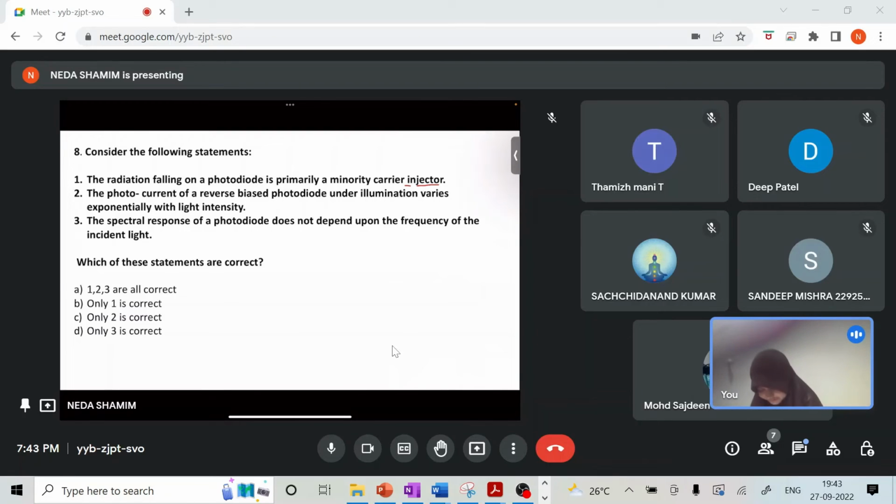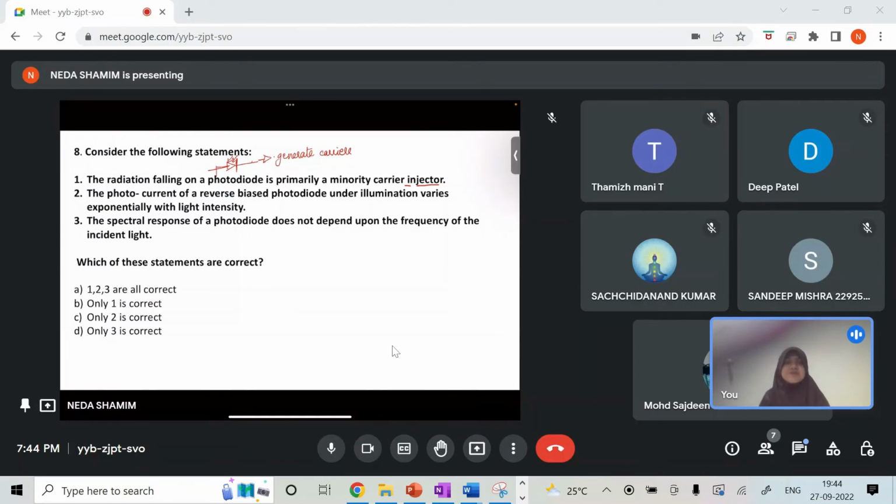So what is happening in a photodiode? As we have done a number of times, in a photodiode, a photon falls and generates carriers. Basically these will drift from the junction, that is the intrinsic layer, towards the terminals of the battery.